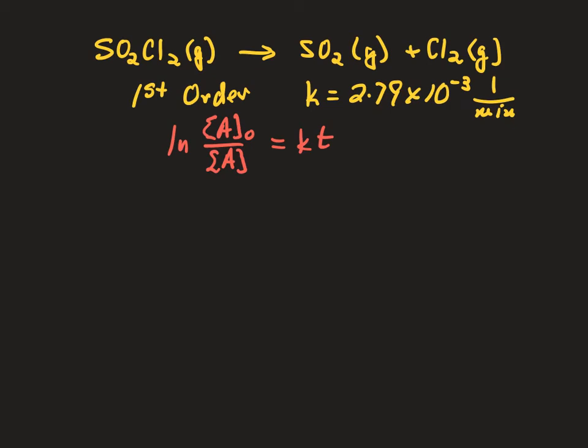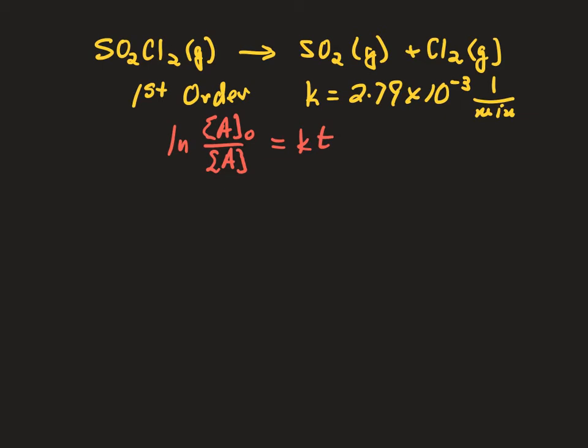Okay, so we're continuing with the same reaction system, our sulfuryl chloride decomposing to sulfur dioxide and chlorine gas. We were told the reaction was first order, and we determined that the k was 2.79 times 10 to the minus 3 per minute. And we're working with a first order process, so here's our first order rate equation.